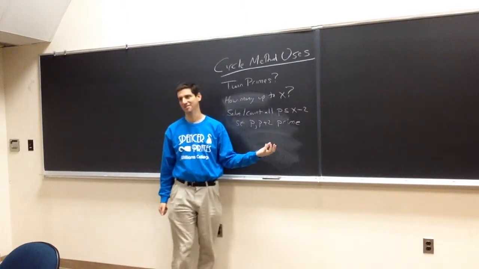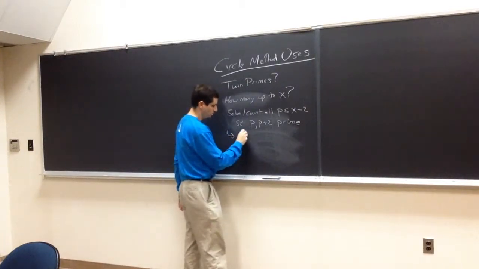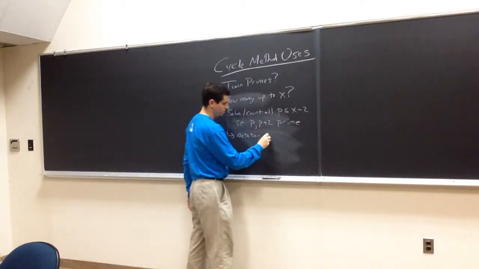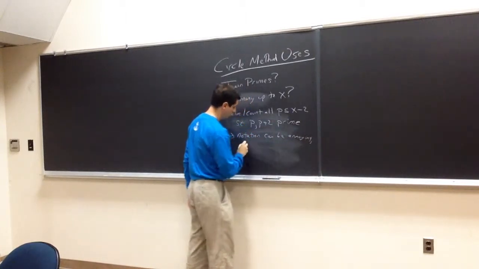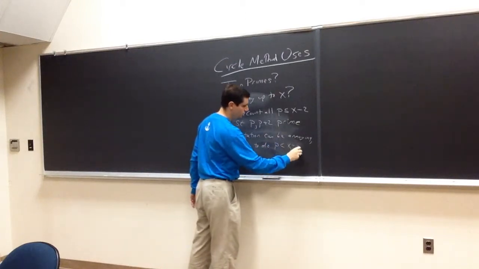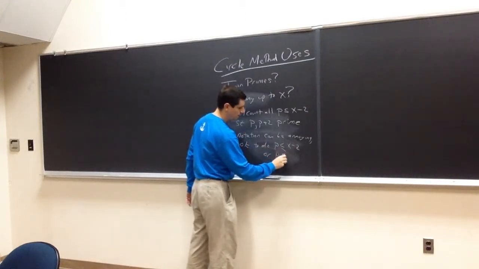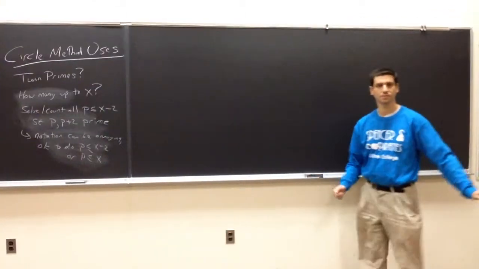Doesn't really matter, right? We're talking about at most one more pair. Notation can be annoying. Okay to do p less than x minus 2 or p less than or equal to x. There's really no difference between those two.